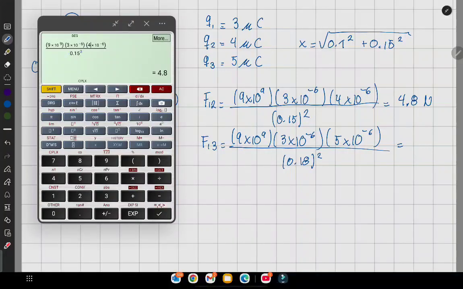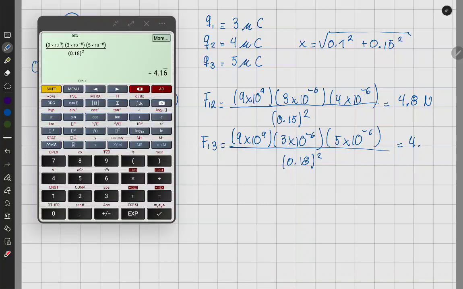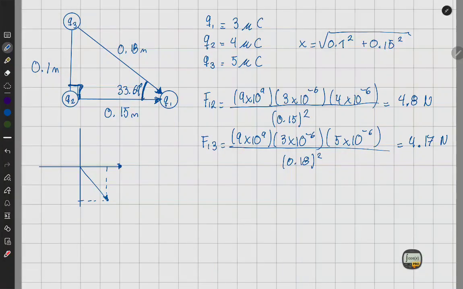I'm going to change this value in here, so 5, and then in here 0.18, so it's 4.17 newtons. Okay, so that's very easy. So it's this force in here, 4.17 newtons, and this one is 4.8 newtons.